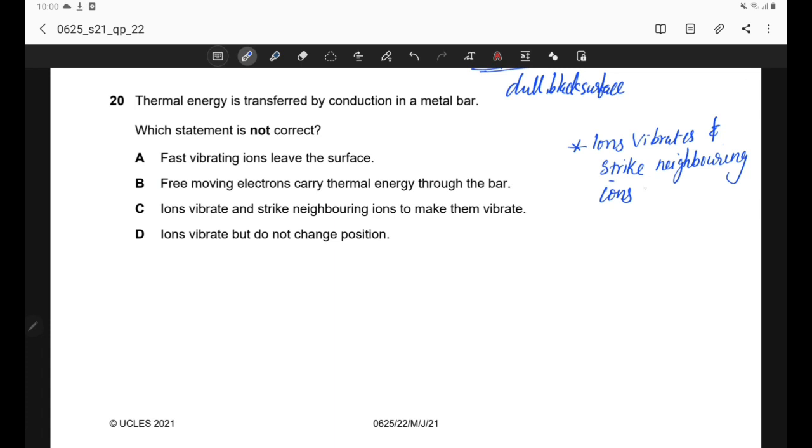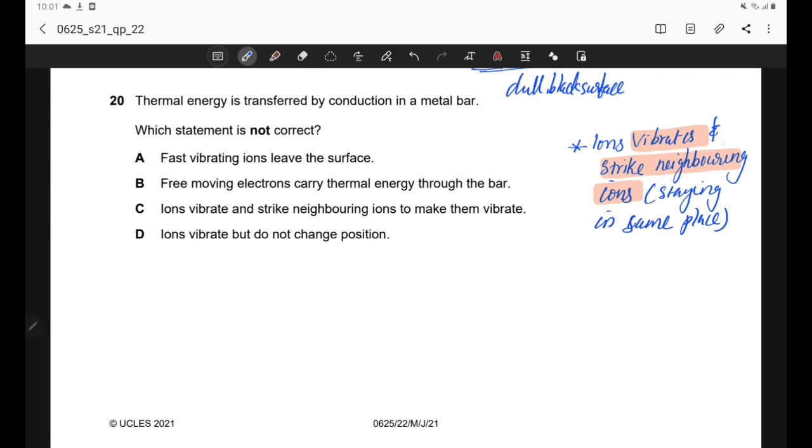That is also an important point. These vibrating ions stay in the same place only. They cannot move, but they vibrate and strike neighboring ions. So the neighboring ions will also start to vibrate, and this vibration will continue. This is how thermal energy is transferred in metal.